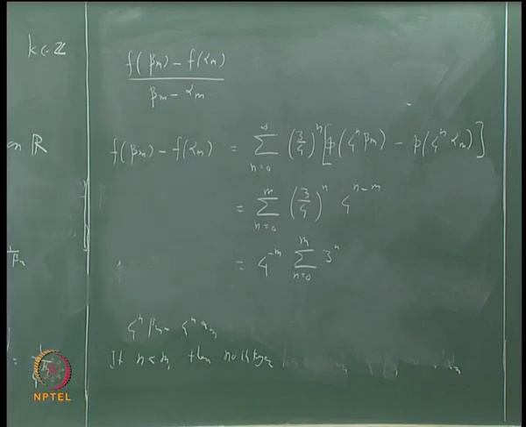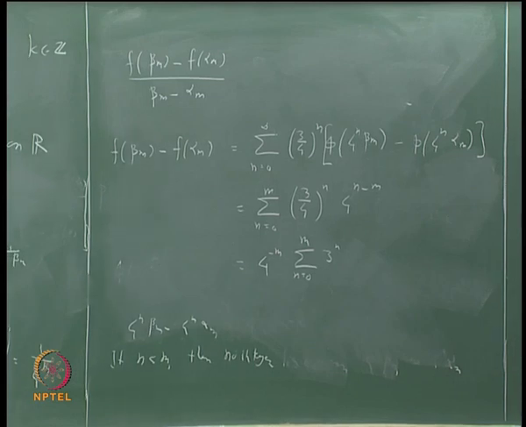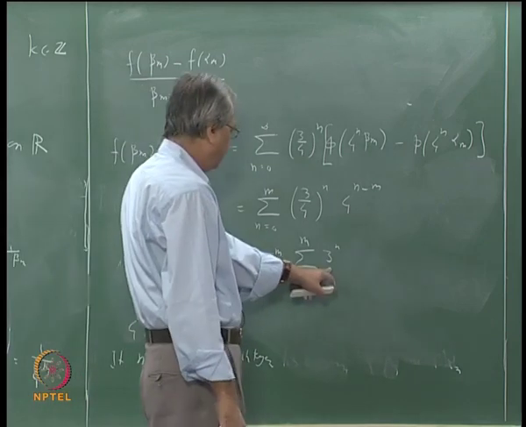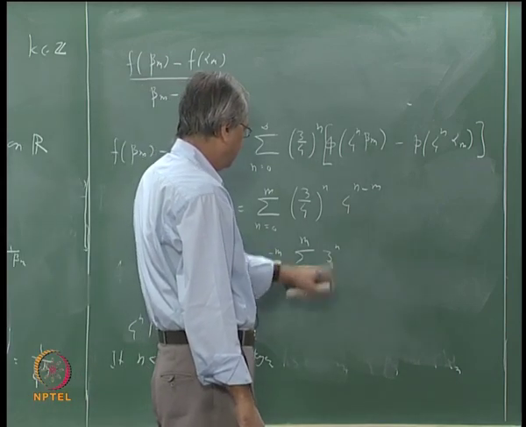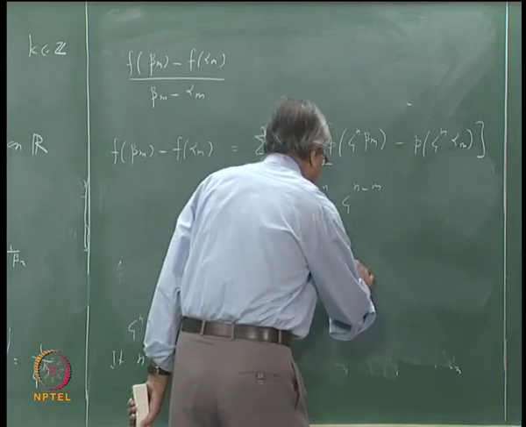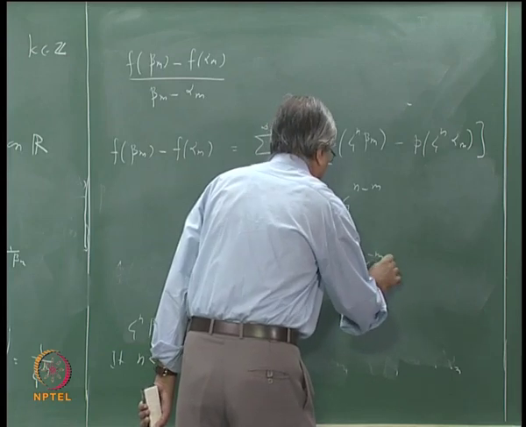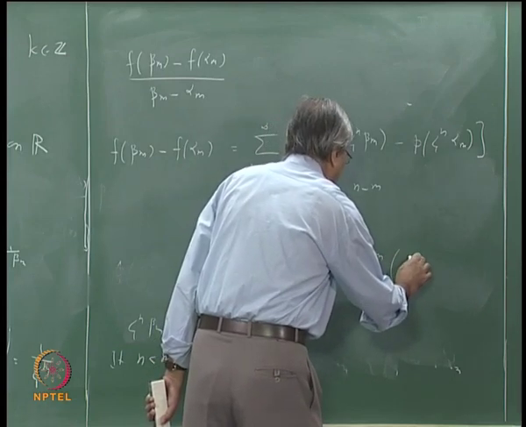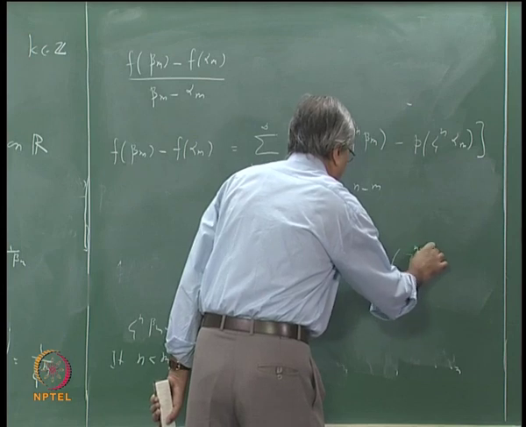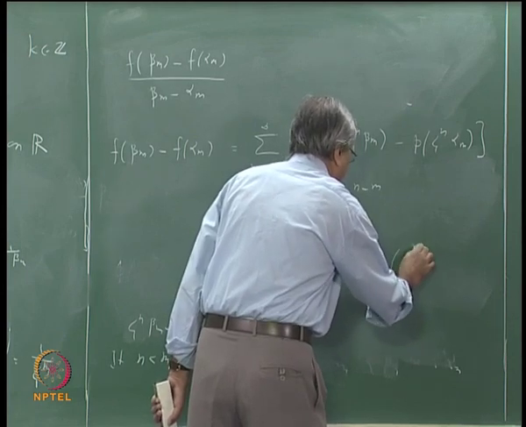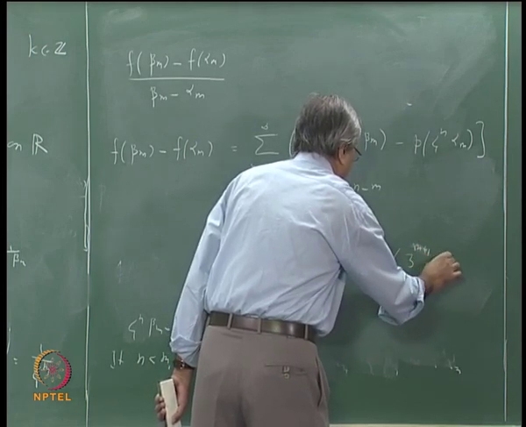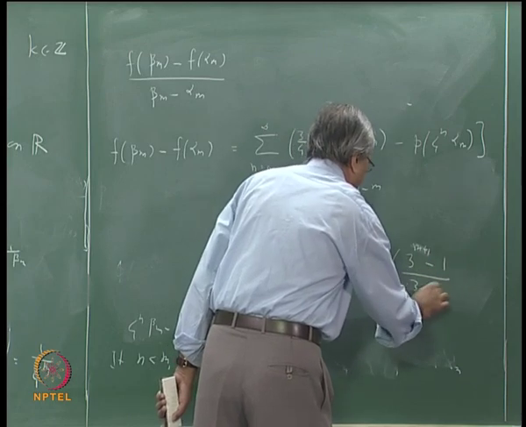That is correct, okay. And so this is nothing but a geometric series with the common ratio 3, first term is 1, last term is 3 to the power m, so we can easily sum that. So this is nothing but 4 to the power minus m multiplied by 3 to the power, sorry not n plus 1, m plus 1 minus 1 divided by 3 minus 1.